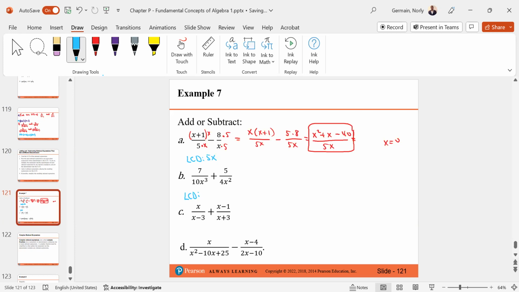That's the first thing to do, because both rational expressions are undefined for x equal to 0. We know that already. x cannot be equal to 0. If we need to look for the least common denominator, we have 10x cubed and 4x squared. We need to list the factors. What are the factors of 10 and 4?